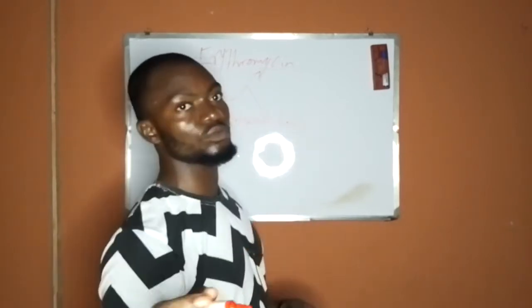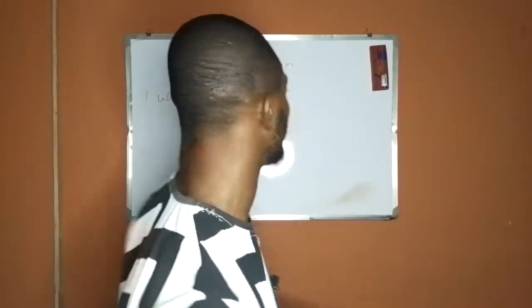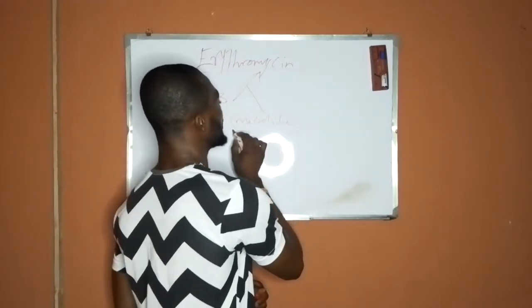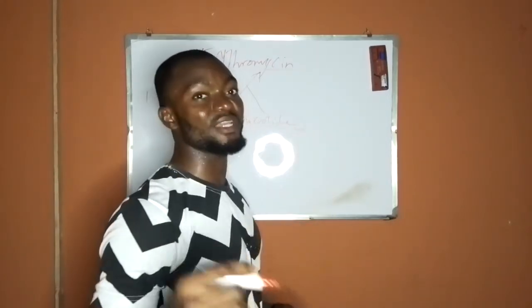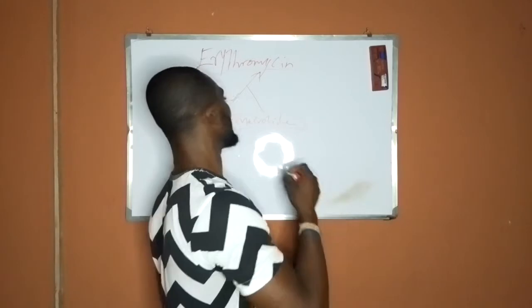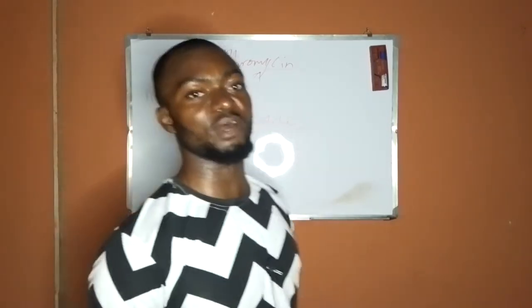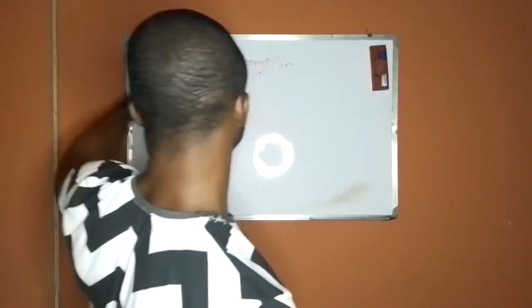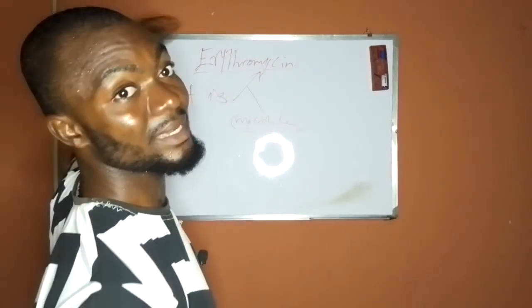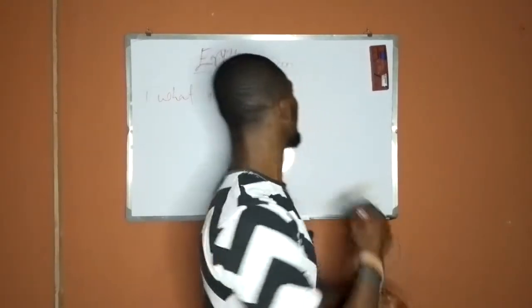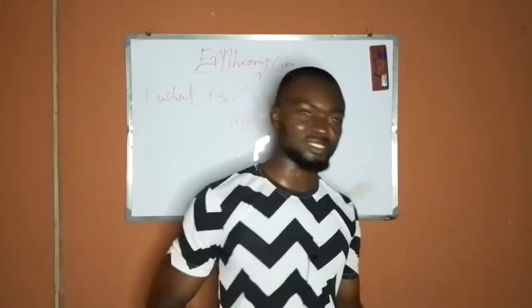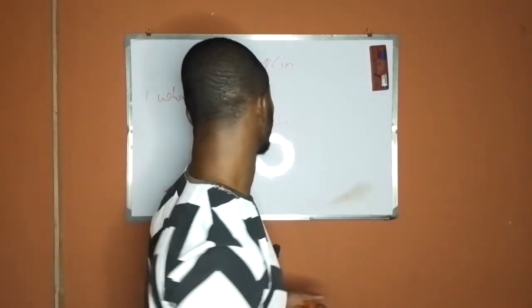And one thing you're going to know about erythromycin is that it is the prototype of macrolide antibiotics. It is the first macrolide antibiotic that was found, before they started searching for other antibiotics like clarithromycin, azithromycin, and so forth.